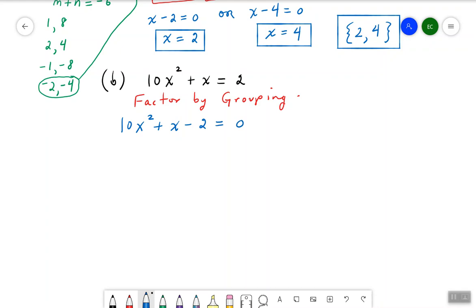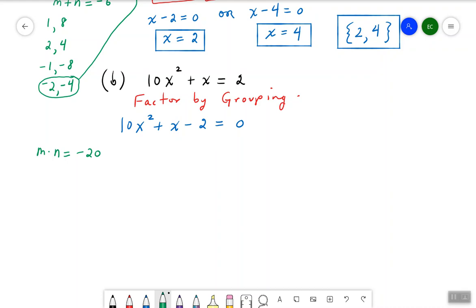And then we're going to proceed in a similar way to the previous example, similar but different. So bear with me here. The steps are a little tricky. This time we need 2 numbers that are going to multiply not to -2, but instead we need to take that -2 and multiply it by this coefficient on x squared, 10. -2 times 10 is -20.